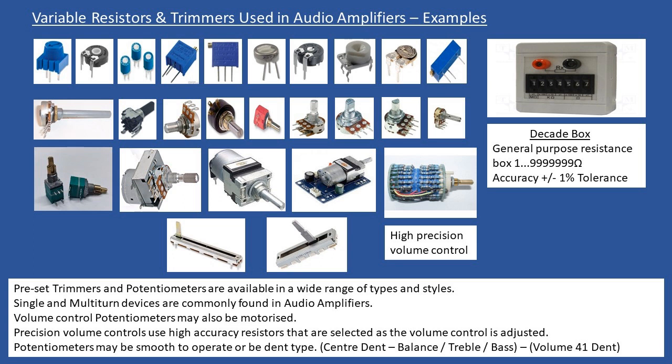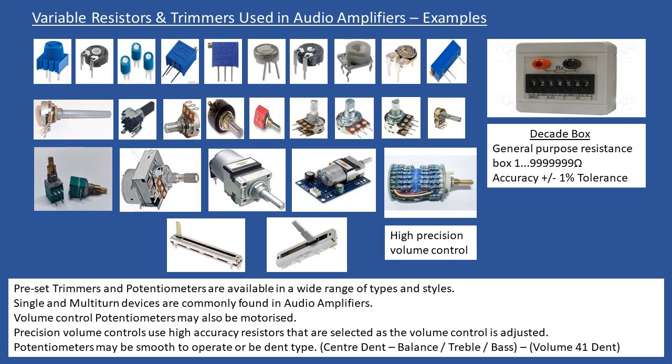In this case I'm giving you the example of the range of this particular decade box, and the accuracy of this one is plus or minus 1% of the selected value. But there are other types of decade boxes manufactured by companies like Time Electronics, where that accuracy could be 0.1%, so ultra high accuracy.